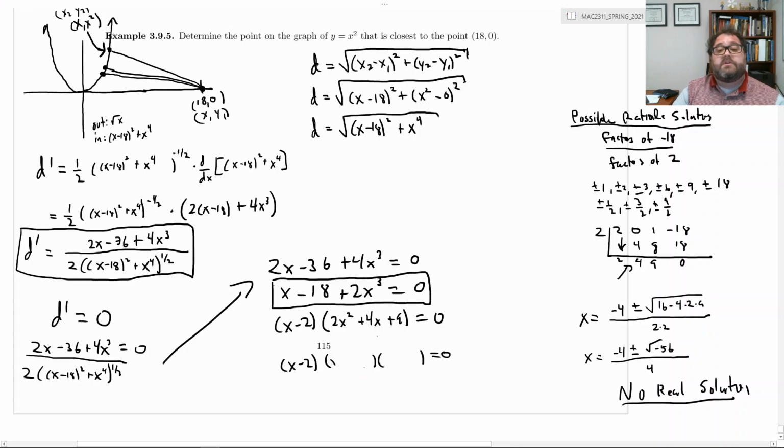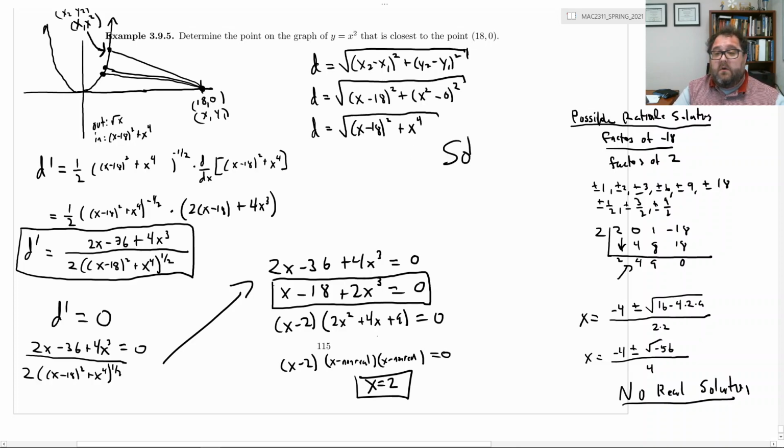If I use the zero factor theorem, I'm going to get 2 non-real solutions. The other solution will be x equals 2. So my closest point, which I was just guessing originally, is the point 2, 4. I would not have guessed that.